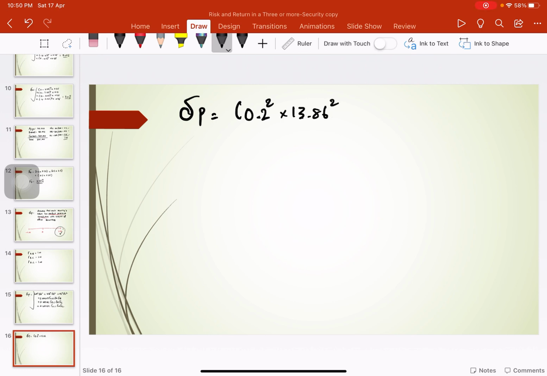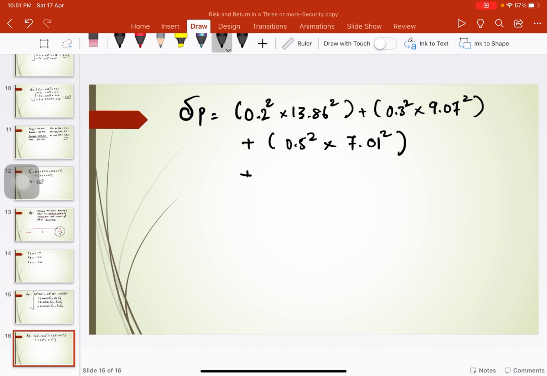Okay, square plus weight B 0.3 square times 9.07 square plus weight C 0.5 square times standard deviation C tadi 7.01 square lah sebab kita nak variance kan.